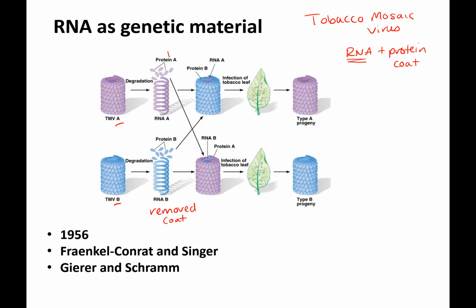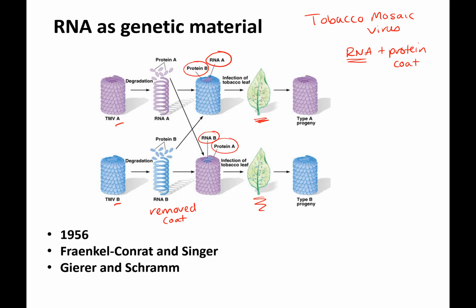So now they had RNA A covered in protein B, and RNA B covered in protein A. So they switched the coats on the RNA molecules. And it's fairly easy to do because viruses will actually self-assemble in a cell. So if you give it the RNA or DNA and the protein coat, it'll actually self-assemble into a virus.